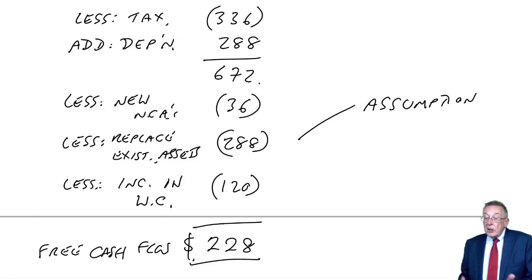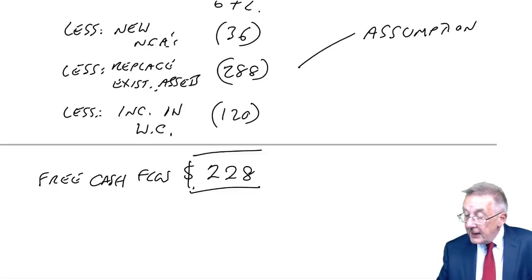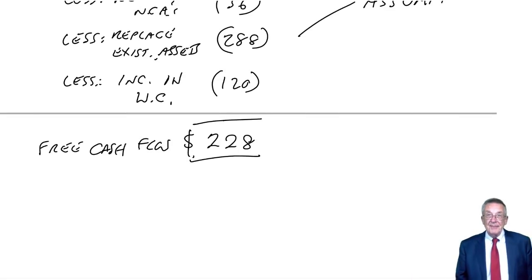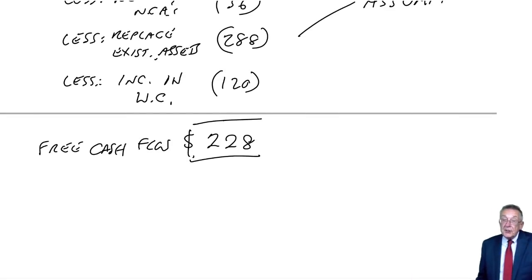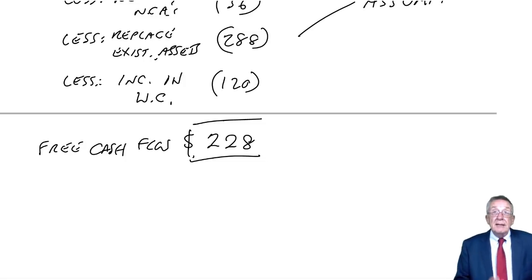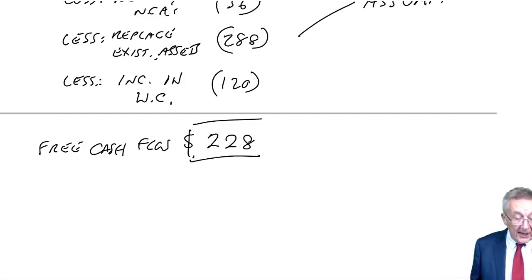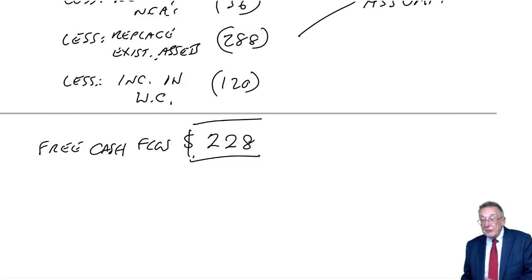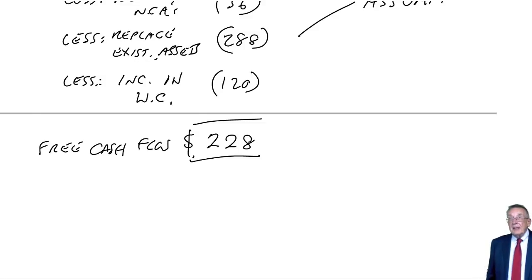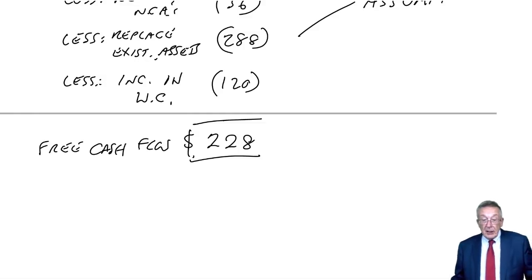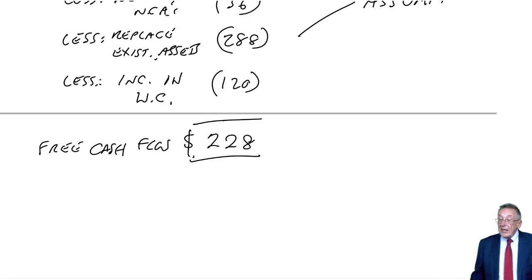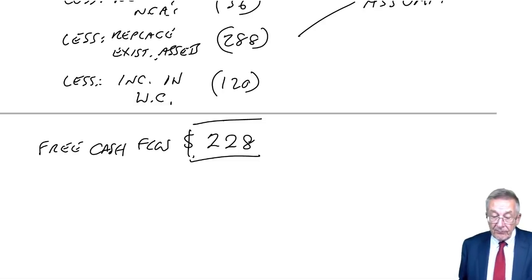And of course, you'd either have to do that for each of several years and then discount, or maybe you will need to do it for 1 year, but you're told it's inflating at X% per year, and use the formula. So either way round, we'll discount the free cash flows at the relevant cost of capital. It's just the two different ways of getting the free cash flow.